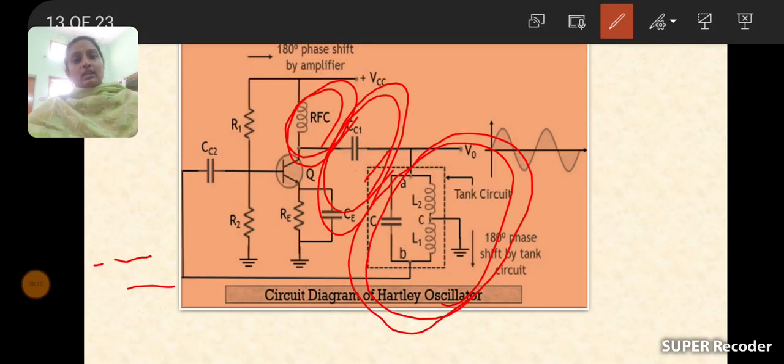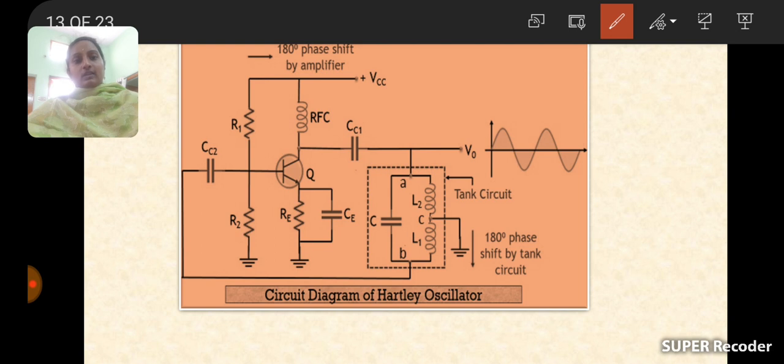So this is the construction of the Hartley oscillator. What are the main components we are using? Two inductors, one capacitor. The potential divider network R1, R2 is also there. Coupling capacitor CC2 is also there.